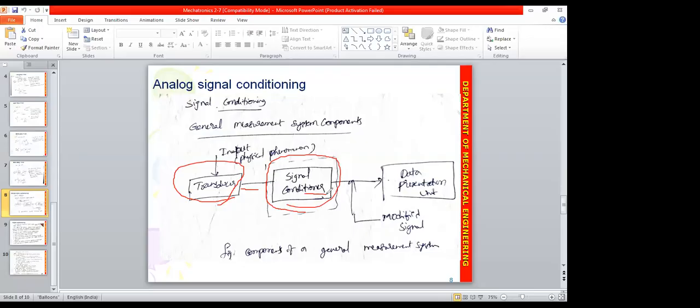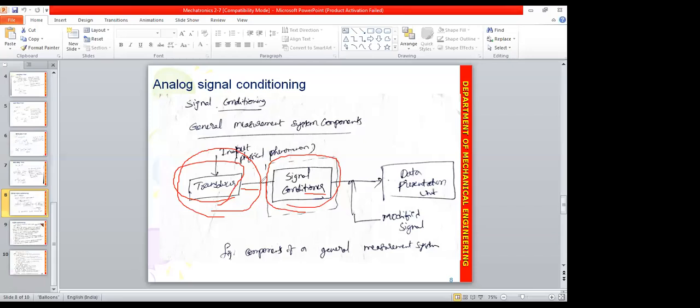These are all circuit components. This is the first stage. What is the first stage here? It detects the variable from the environment and converts it from one form to another form, that is called a transducer. The output from the transducer is a signal, which is in electrical form.